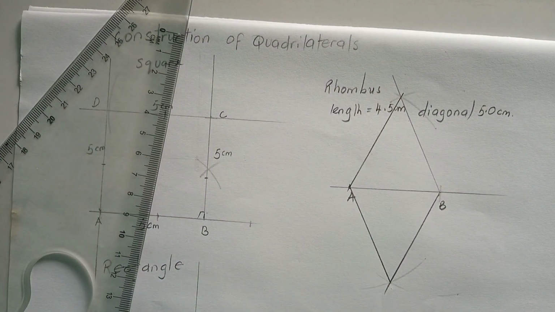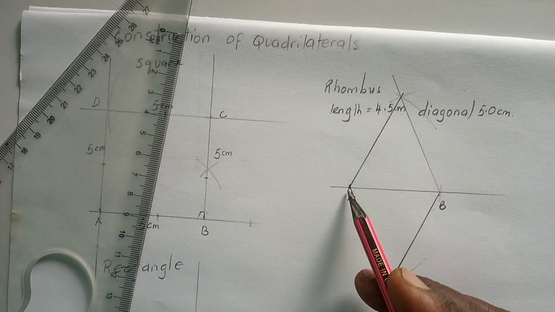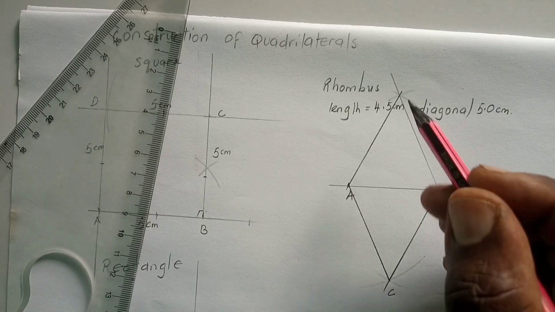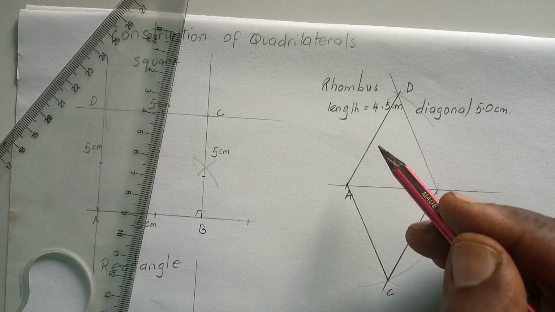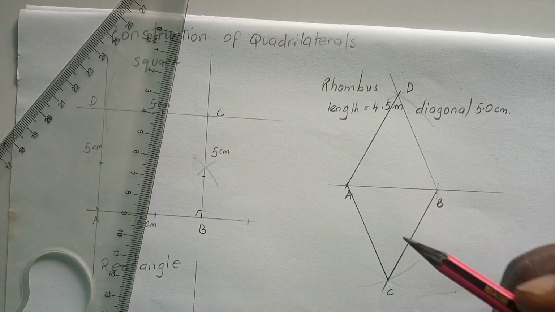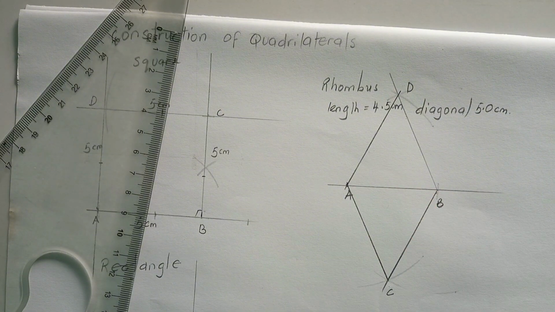So this is our rhombus. You can call this ABCD. That is how the rhombus is constructed.